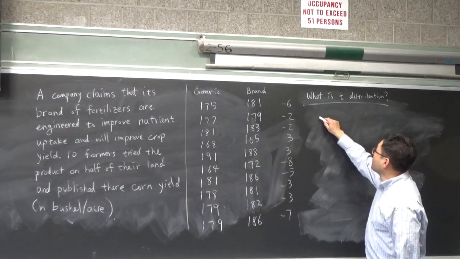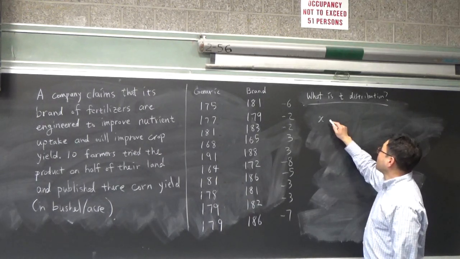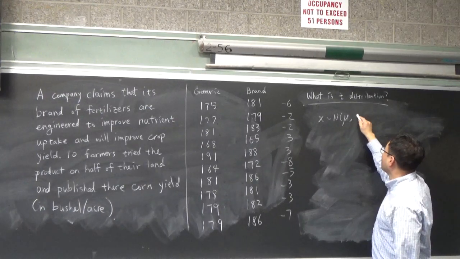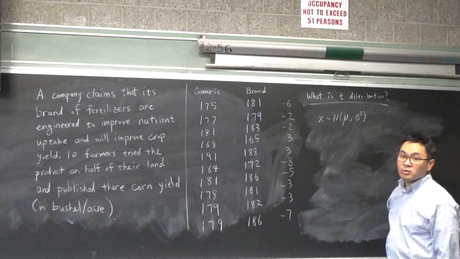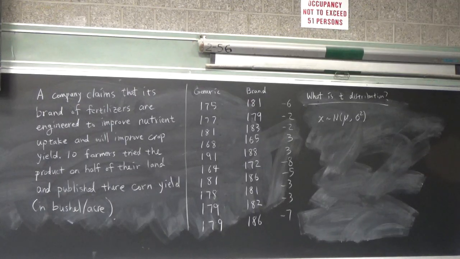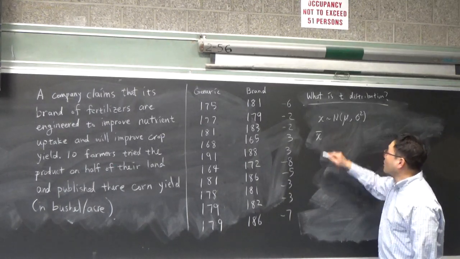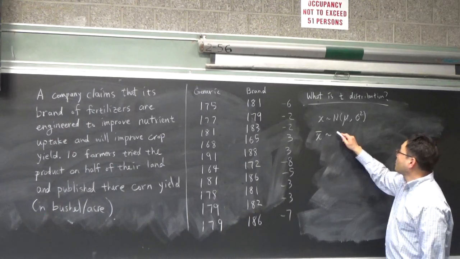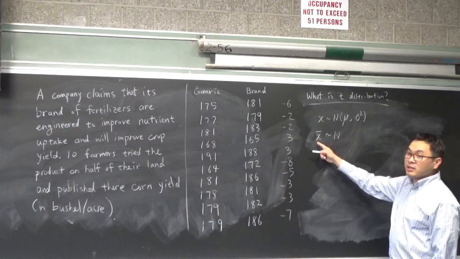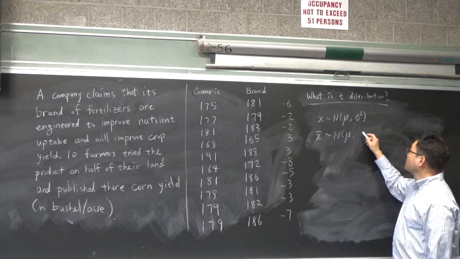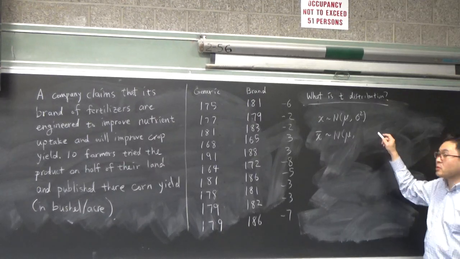we have some x that follows a normal distribution with average mu and variance sigma squared. If that's true, then if you take x bar, which is a sample mean of n items, what happens to the variance?